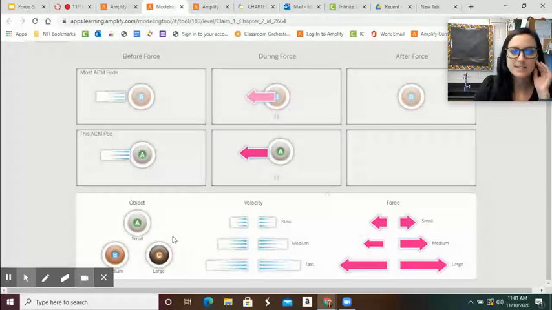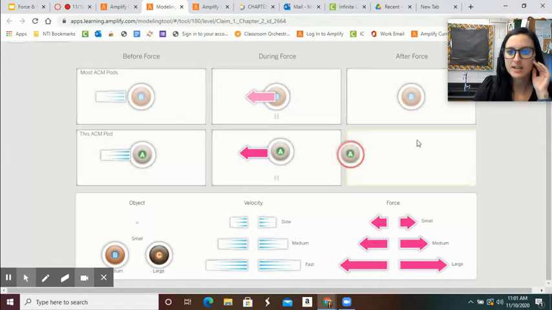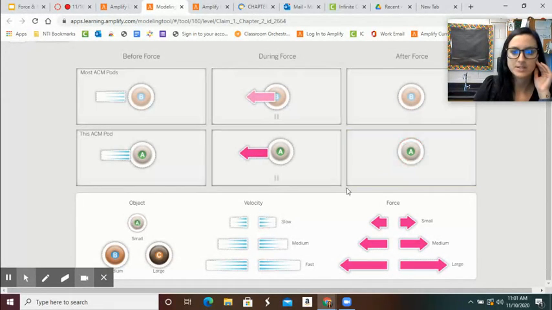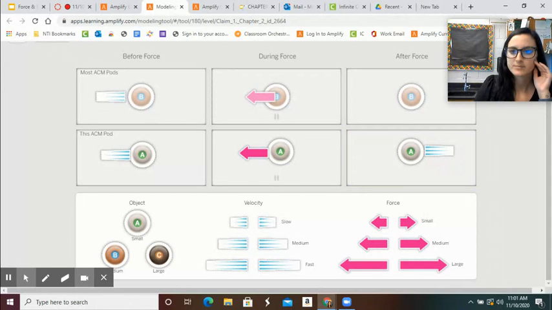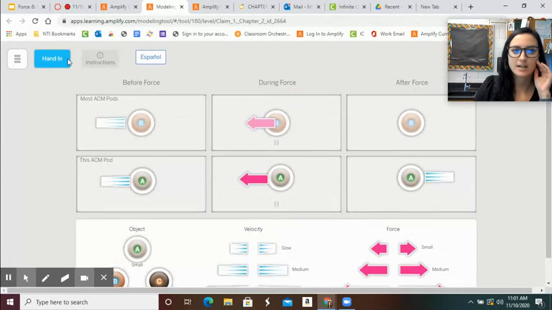But instead, this time of stopping, it ends up going in the opposite direction. So I'm going to put it going in the opposite direction. So that shows that scenario. And then at the top here, you click hand in, and that will plop it into the assignment for you.